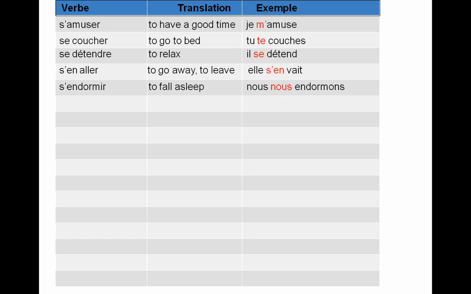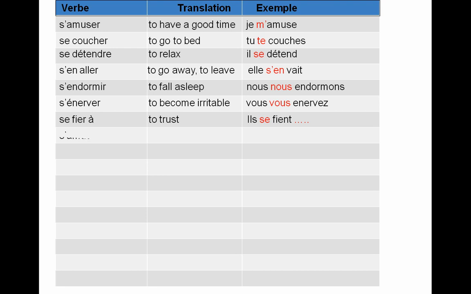S'endormir, to fall asleep. Nous nous endormons. S'énerver, to become irritable or to get nervous. Vous vous énervez. Okay? Se fier à, to trust. Il se fie à toi. Il se fie au prof. It can be whatever you want.